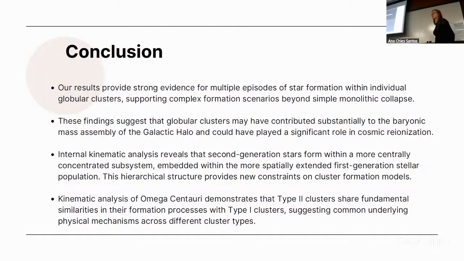Yes, for sure, because there are some clusters that we call dynamically old clusters, for example M92, where we also analyze several parameters such as anisotropy, and we don't see any differences between first and second population stars. So we think that over time, because of two-body processes, this happens.